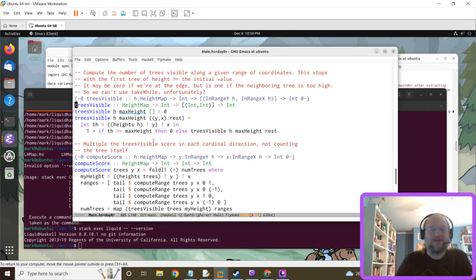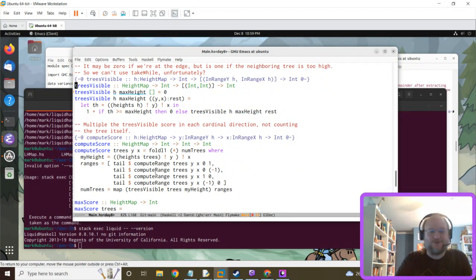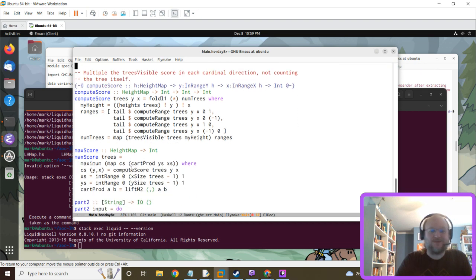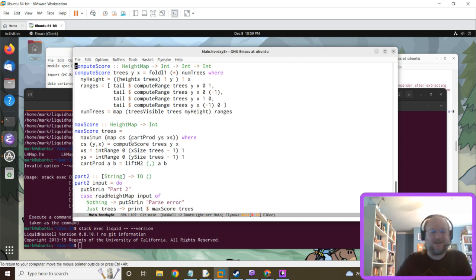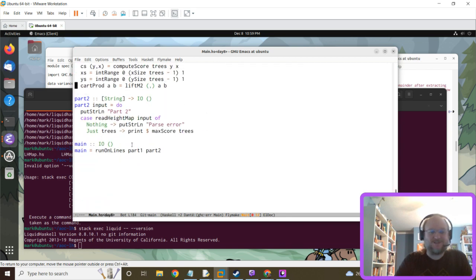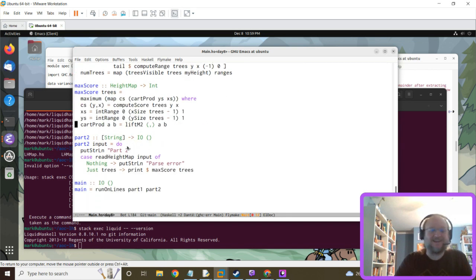So we just compute ranges in all 4 directions, look at what trees are visible, and compute their score. Then we take the maximum over all trees using a Cartesian product to take all the x and y coordinates. I was pretty happy with that. And it all type checks and termination checks correctly, so that's good.